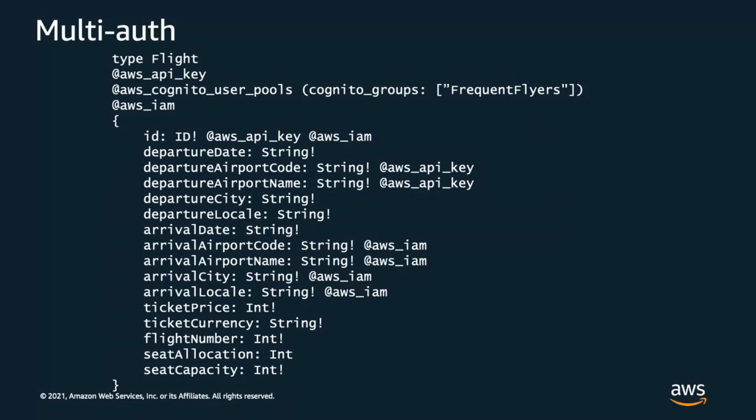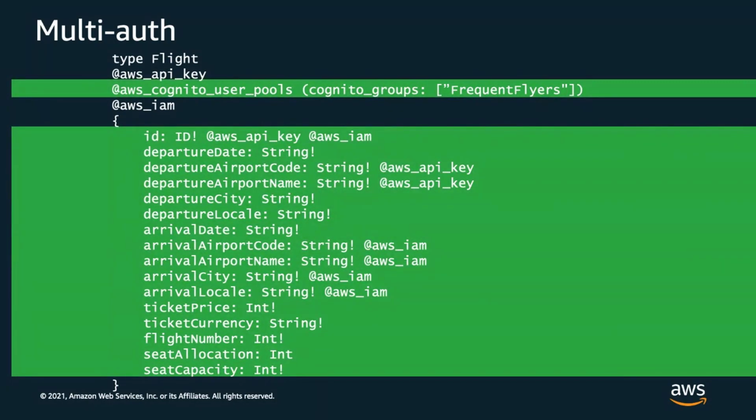So the type Flight is defined in the GraphQL schema, and we define Cognito User Pool as the default authorization mode in the API. So when a user is part, in this specific example, of the Cognito group frequent flyers, they can actually access all data from type Flight, all fields.